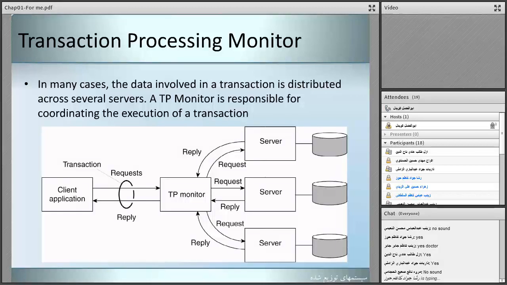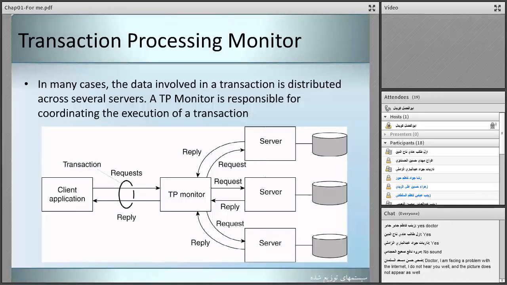Sometimes we have some complex transactions. It means some transactions are nested, and I don't know what's the meaning of nested in Arabic, but it means some transactions may contain other transactions.